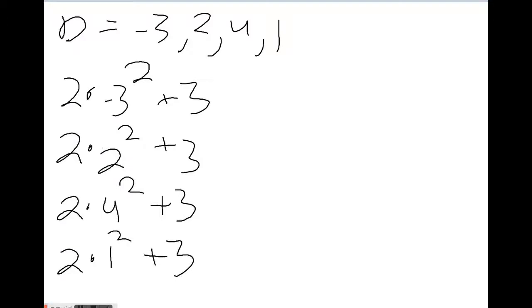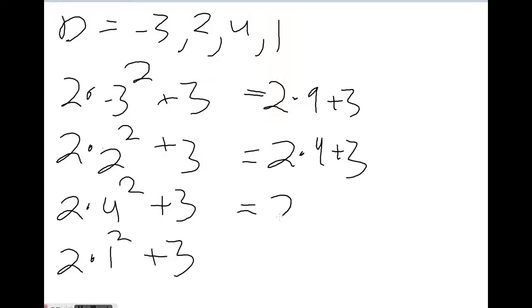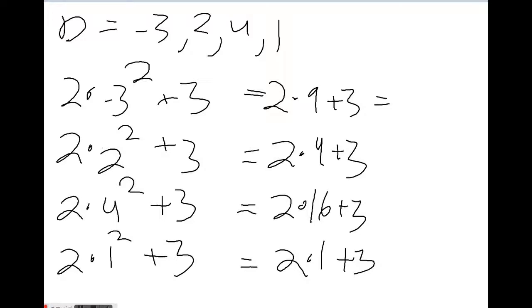So that's going to be 2 times 9 plus 3. This is going to be 2 times 4 plus 3. This will be 2 times 16 plus 3. And this will be 2 times 1 plus 3. Now we just have to solve it. 2 times 9 is 18. 18 plus 3 is 21.